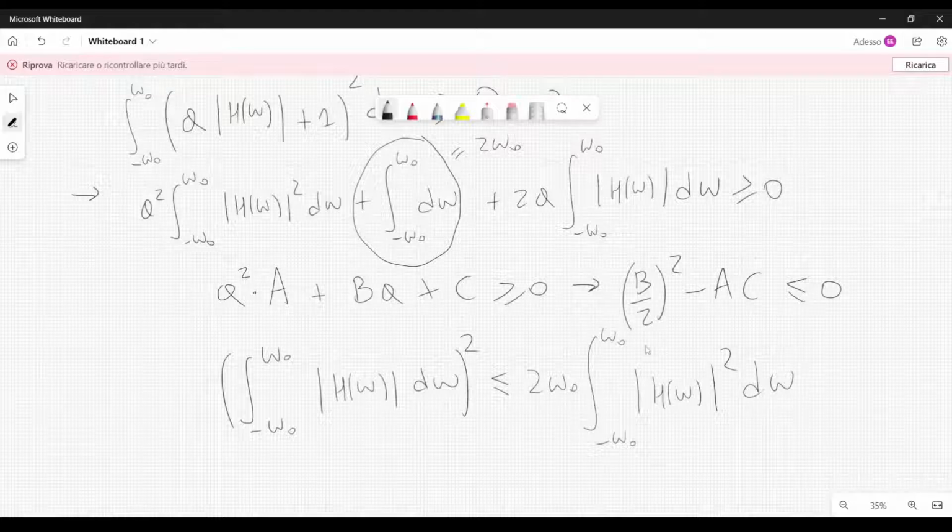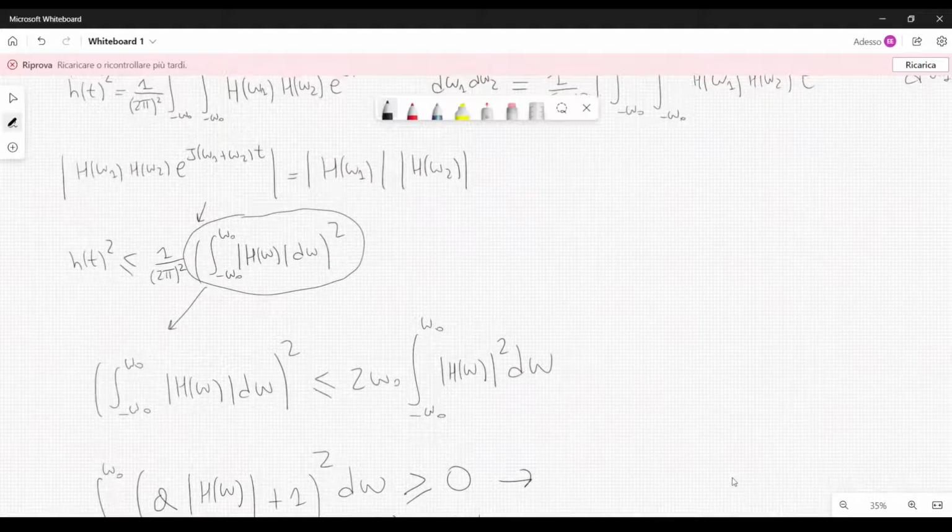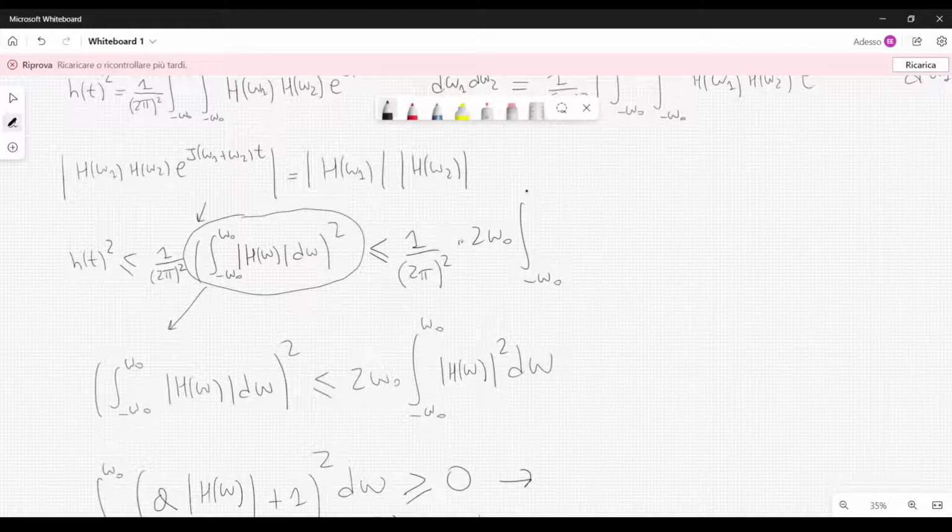So we have shown exactly this inequality here, and therefore from here we can put that this is less than or equal to 1 over 2 pi squared times 2 omega naught times the integral from minus omega naught to omega naught of mod of h of omega squared d omega, just like this.